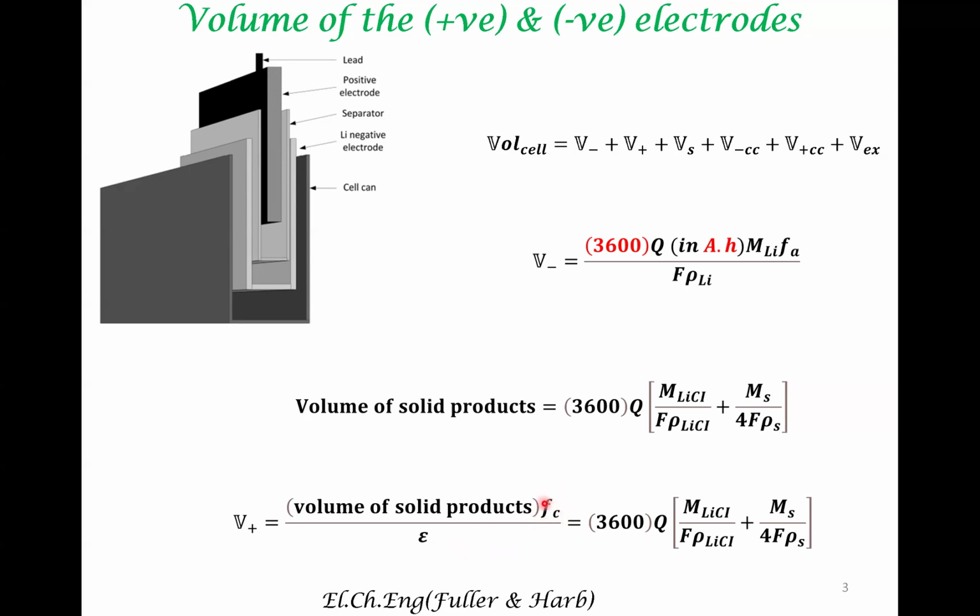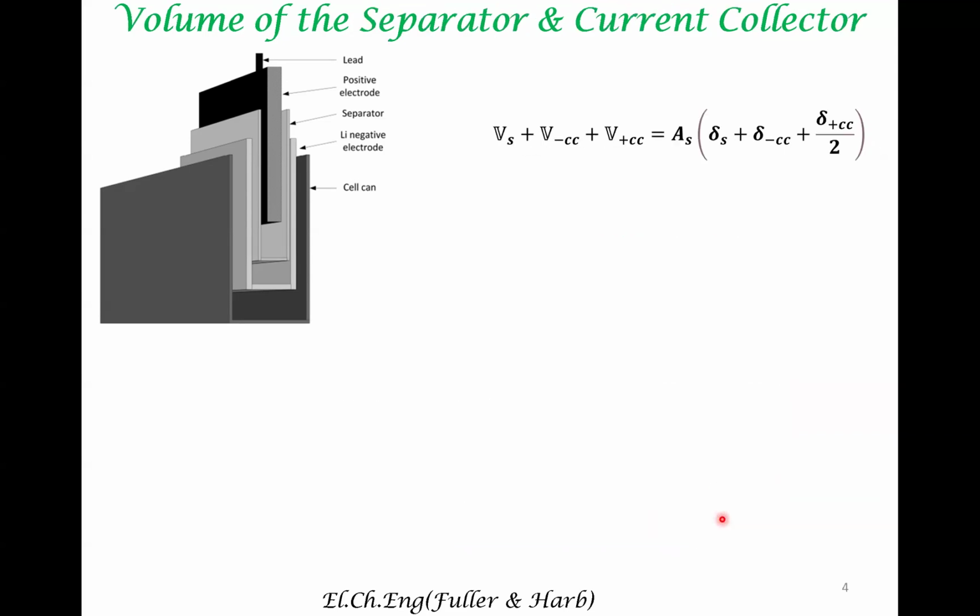You also need to have some excess pores over and above the pores that are utilized for accommodating the solid products. So that comes with the cathode design factor. So this is the overall thing. I mean, there should be another quantity. There's a typo here. FC should also be added.